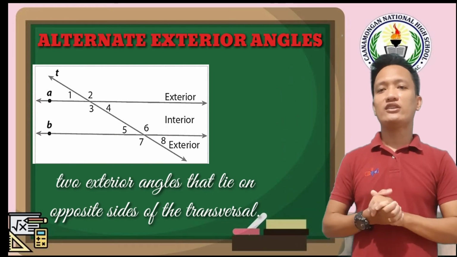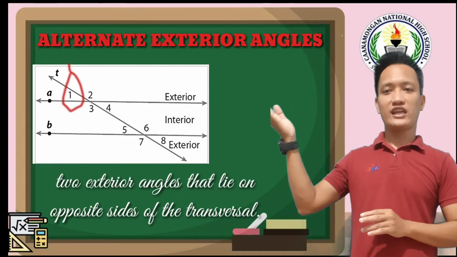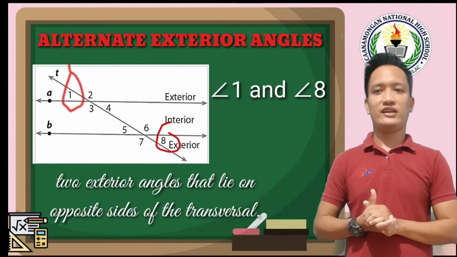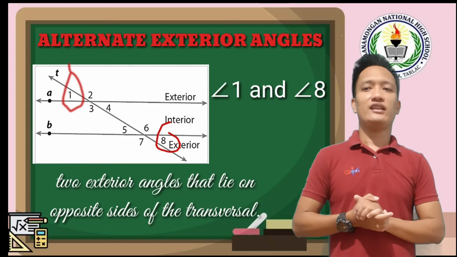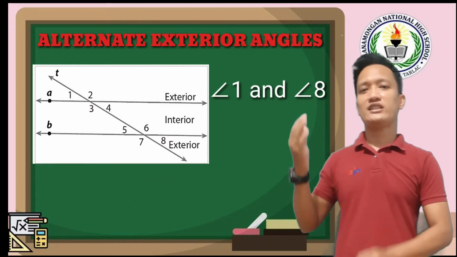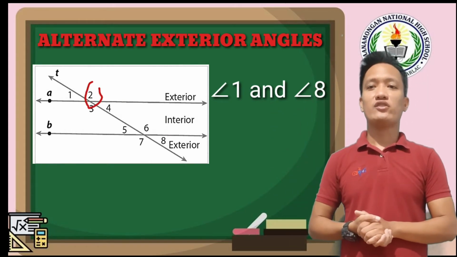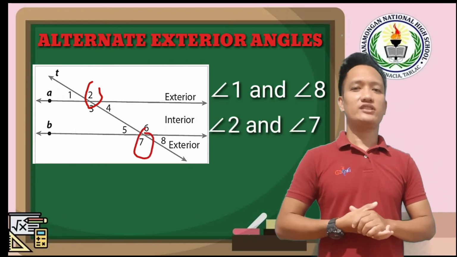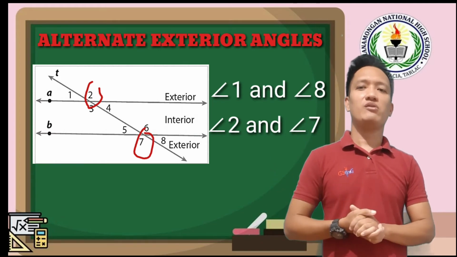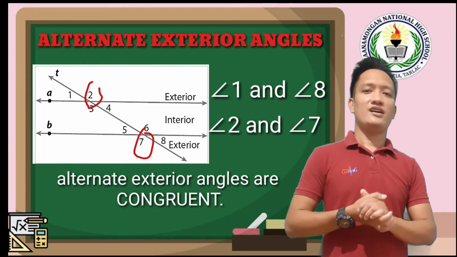So, ang example natin dito, if we have angle 1, ang ka-alternate exterior niya na nasa labas sa kabila ay angle 8. So, angle 1 and angle 8 are alternate exterior angles. Another exterior angle that we can see in the given illustration is angle 2. So ang ka-alternate exterior angle ng angle 2 ay angle 7. So syempre, measurement of angle 2 is also equal to angle 7 since alternate exterior angles are congruent.